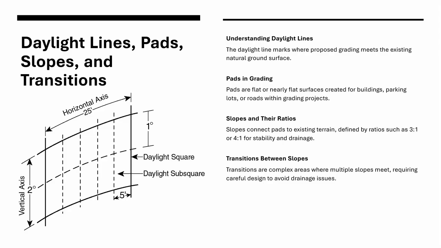Transitions are our complex areas where multiple slopes intersect, requiring careful control to avoid awkward geometry or drainage problems that cause further issues in our project down the line. Each of these objects is mathematically simple, but when combined together, they create a new surface that must behave predictably under both human use and natural forces.